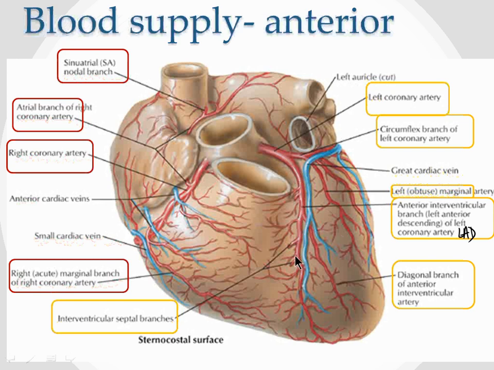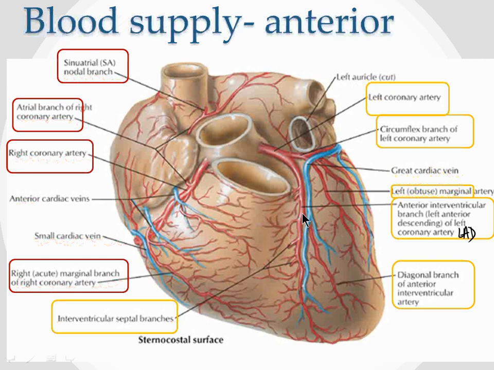Let's look at the LAD. Because it's lying in the interventricular sulcus, it will supply both ventricles. So you can see it's giving branches to the right ventricle, gives branches to the left ventricle. It has some branches which are rather large, which are called diagonal branches. And this interventricular sulcus shows you the position where the interventricular septum is going to be.